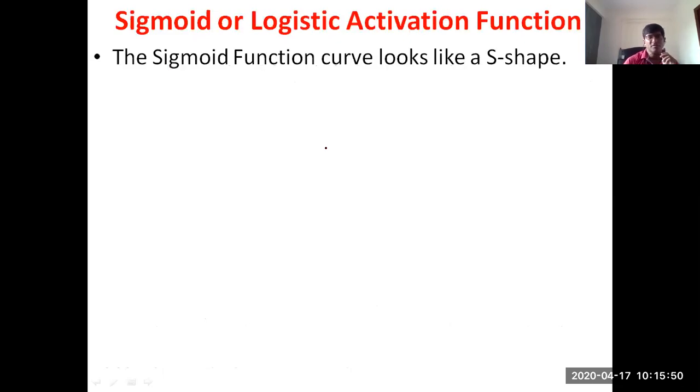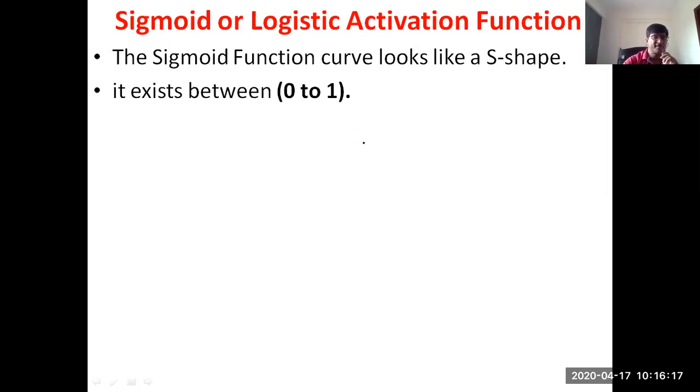Now, one of the most common activation functions that we have already done and have been using is the sigmoid, or logistic, function. The sigmoid function, as you all know, produces an S curve, and it can convert any given input into a range of 0 to 1.